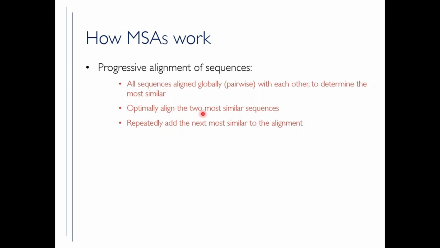It will optimally align the two most similar sequences together by trying them all out against each other, and it will then repeatedly add the next most similar sequence to the alignment, and keep doing that over and over until we have aligned all the sequences.